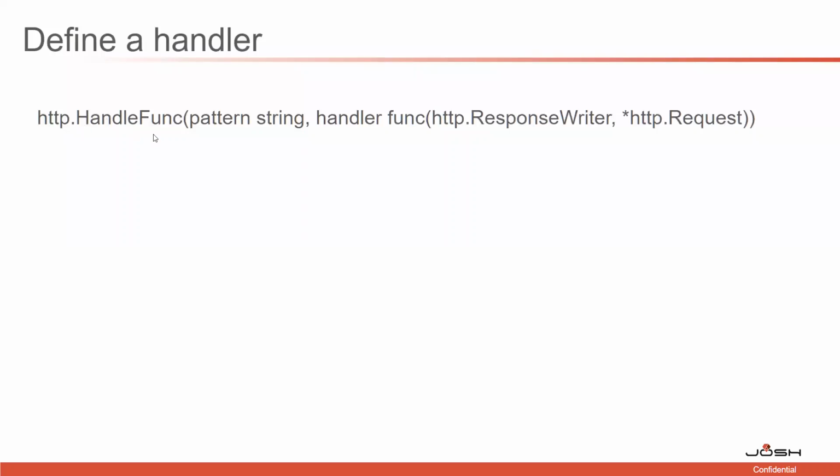This is the function you need to call, http.HandleFunc. Now this takes two arguments. One is the URL pattern, for example, slash users. Second one is the handler function. Now, if you look closely, the handler function takes two arguments. One is the response writer and one is a pointer of type http.Request.